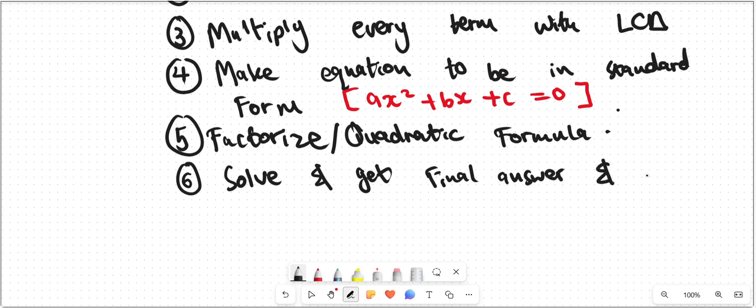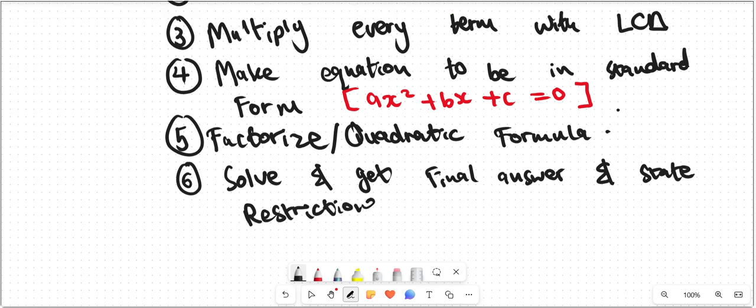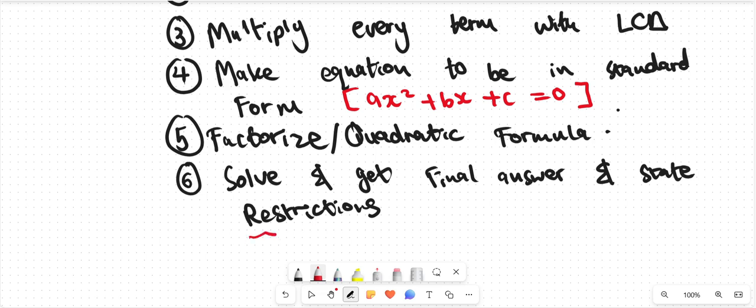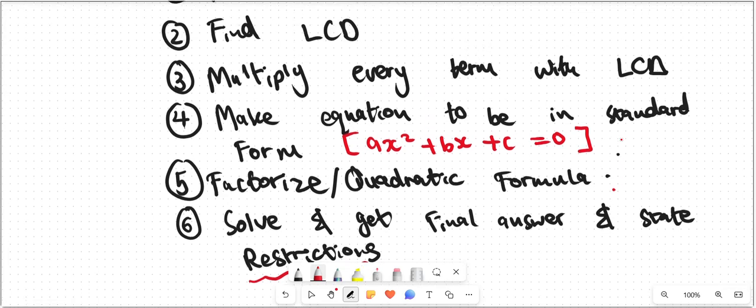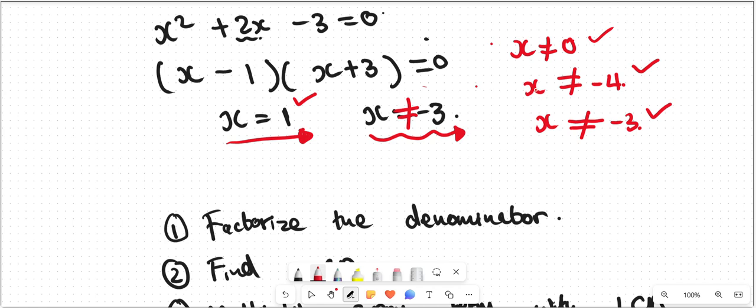And lastly, state restrictions. So this is very important because some of the restrictions actually do reject some of the solutions we got. So take note of that. Sometimes the restrictions do reject some of the solutions, just like this one here. This restriction actually rejected that solution that we got there.